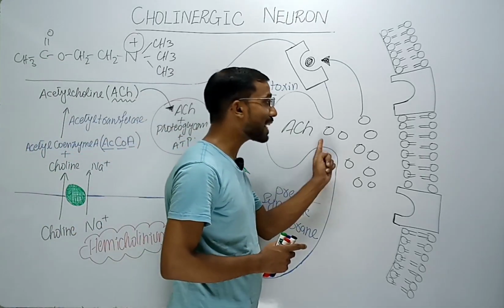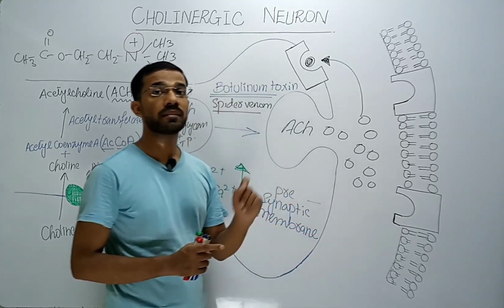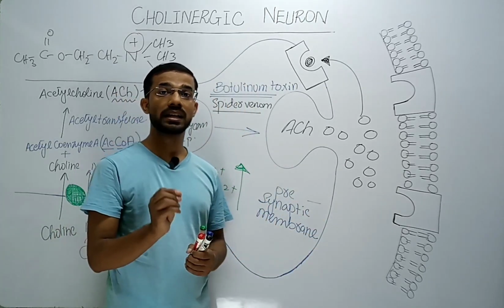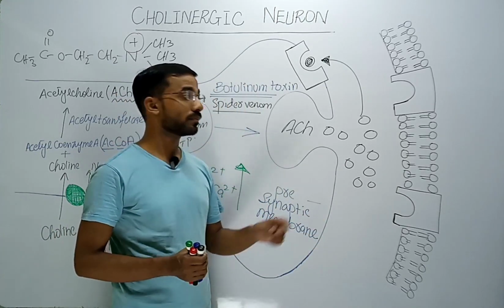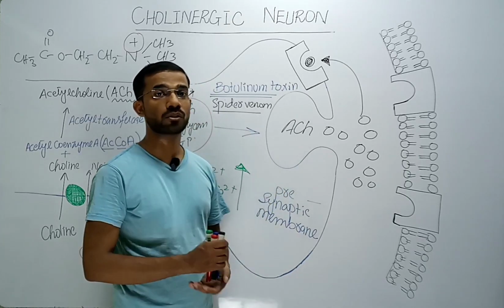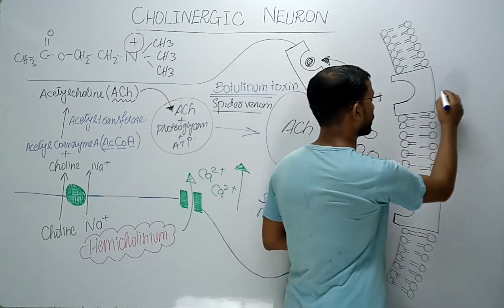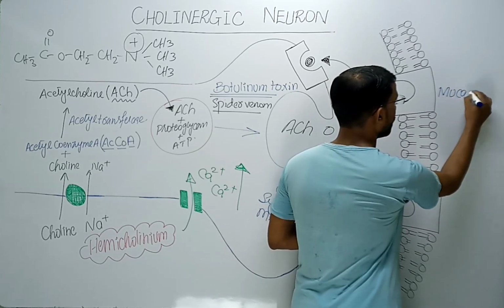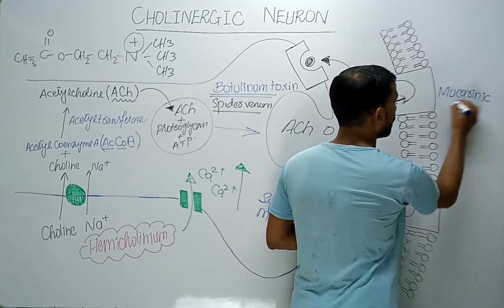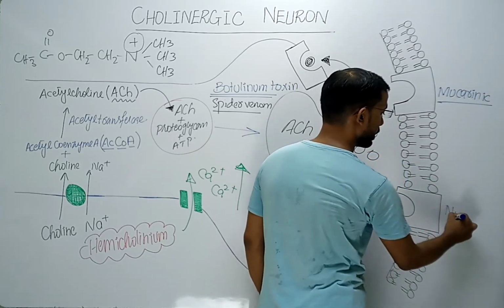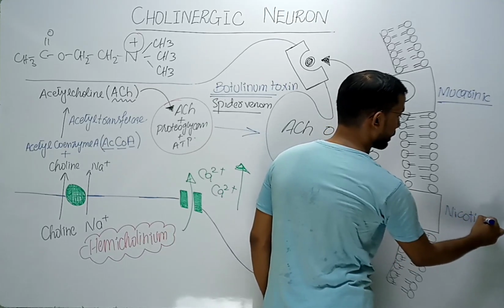Now, this acetylcholine can bind to receptors. Two main receptors through which the acetylcholine binds. First one is the muscarinic receptor. And second is the nicotinic receptor.